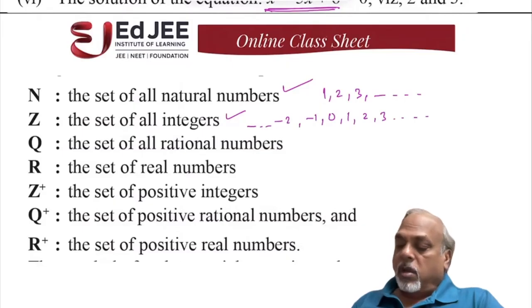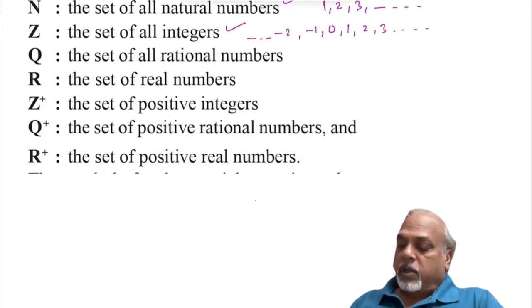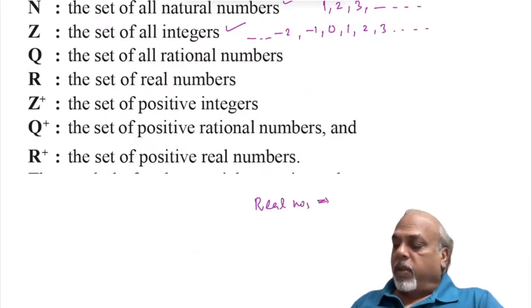We know real numbers comprise rational numbers plus irrational numbers.